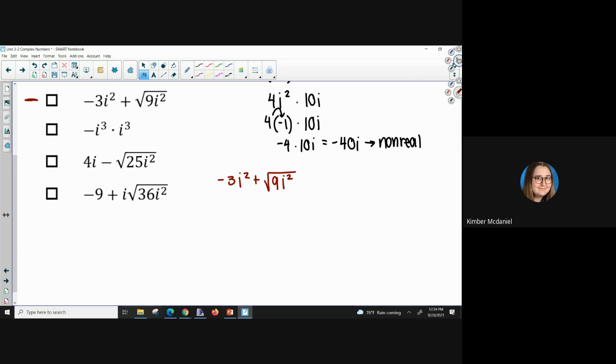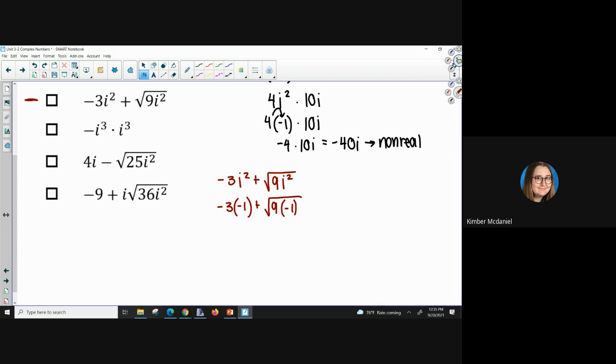Like I said, anytime I see i squared, I immediately change it to -1 just because that's a super important thing that you need to be able to recognize. So that's what I'm going to do here. I'm going to replace this i squared with -1, but I'm also going to replace this i squared with -1. So I have -3 times -1 plus the square root of 9 times -1.